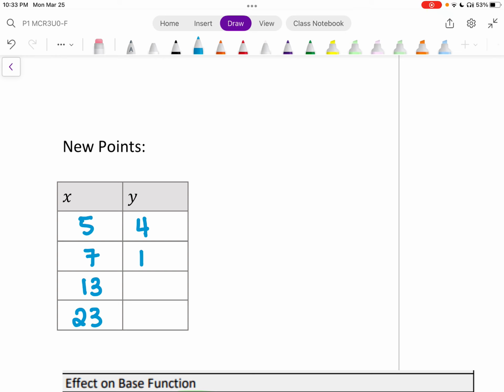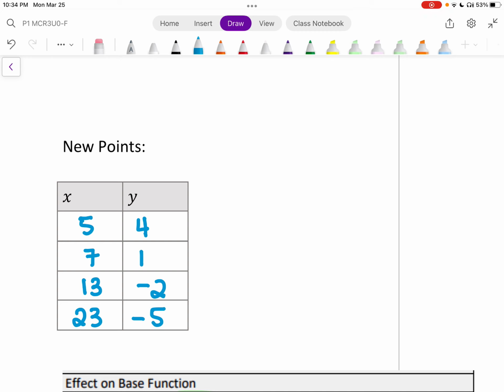Then I have -3 times 2, which is going to give me -6 plus 4, so I have -2, right? And the last one is going to be -3 times 3, which is going to give me -9, plus 4 is going to be -5.